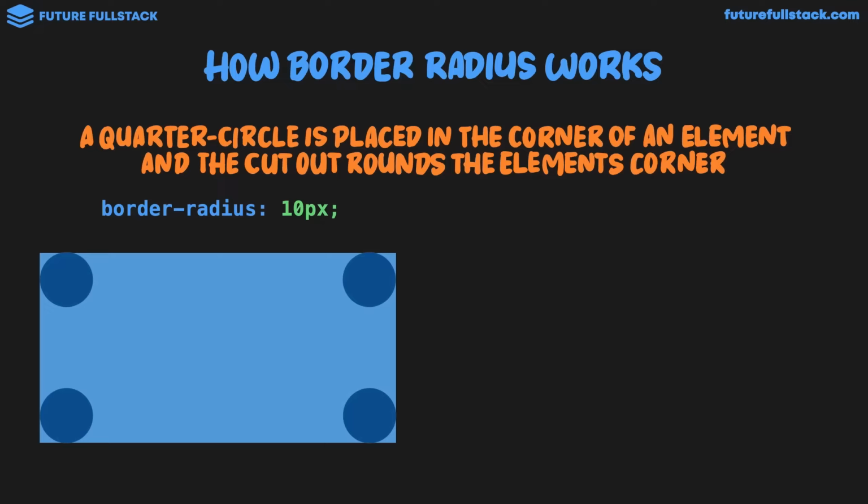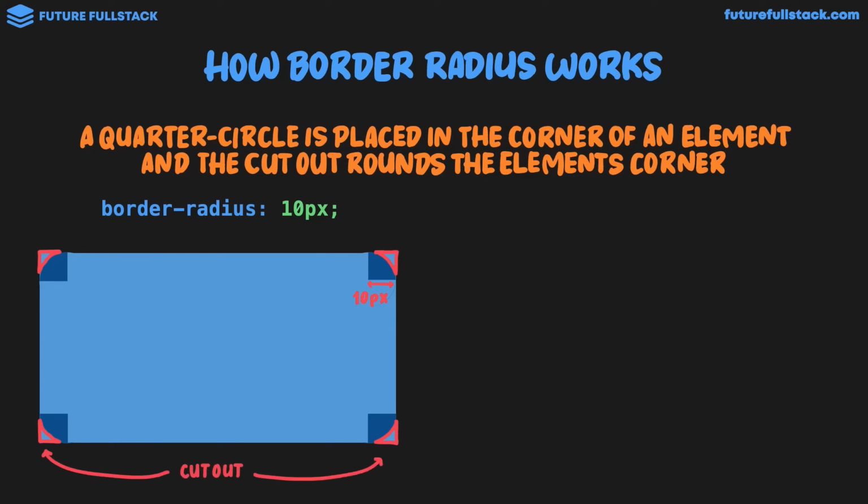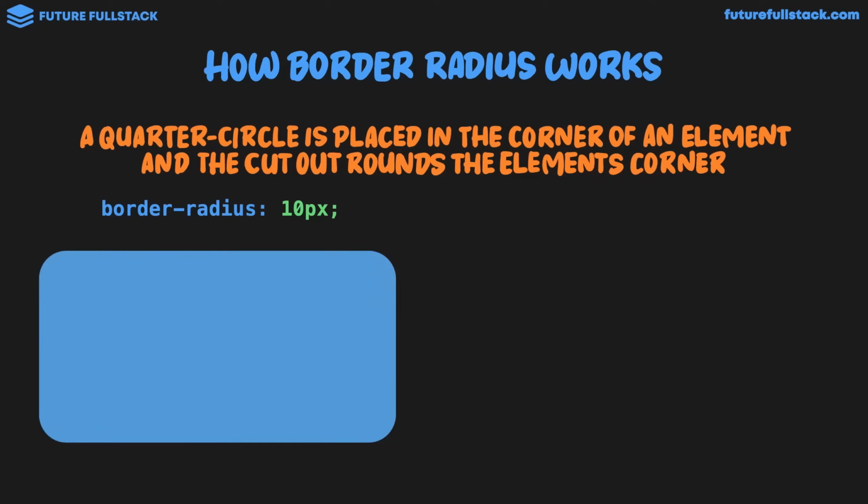We then focus on the quarter circle that is in the corner, like this. The border radius value of 10 pixels is the radius of this circle. So this distance here is 10 pixels. This wedge over here, the space between the quarter circle and the corner of the element, is then cut out. So we're left with an element that looks like this, where rounding has happened on the corners.